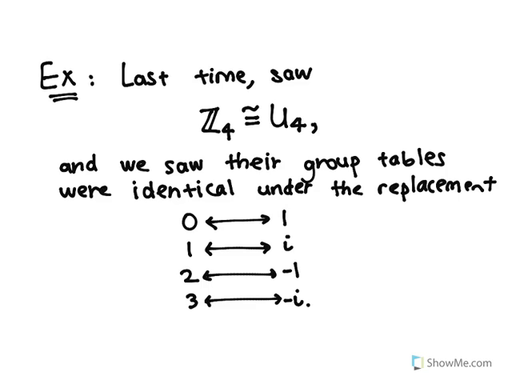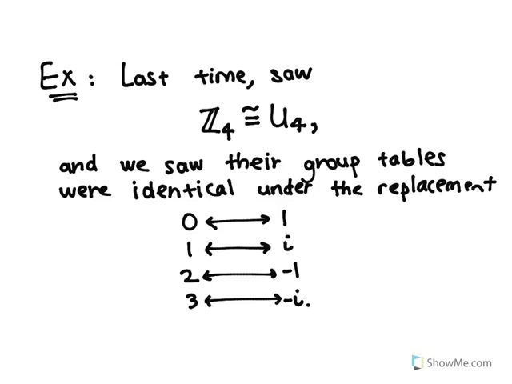And we also saw at the very beginning of last time's video that these two groups are essentially the same, in the sense that we drew the group table for Z4 and the group table for U4, and I color-coded the two of them to highlight that those two group tables were identical under the replacement of the elements 0, 1, 2, 3 of Z4 by the elements 1, i, -1, -i of U4.